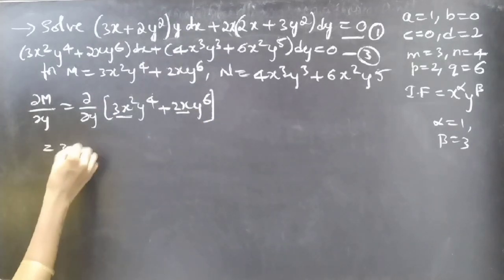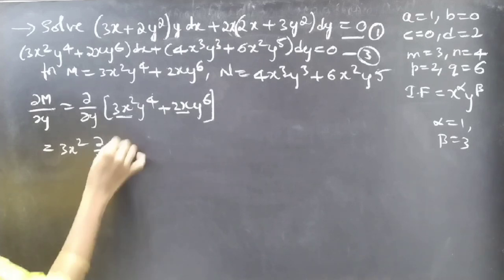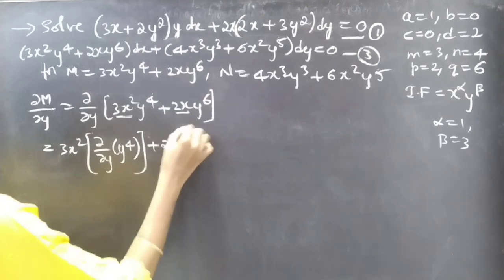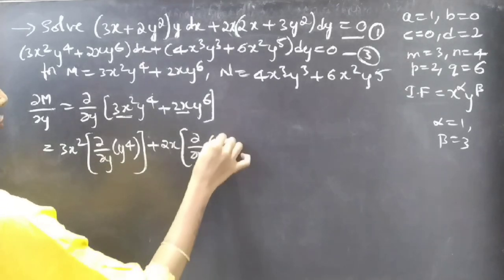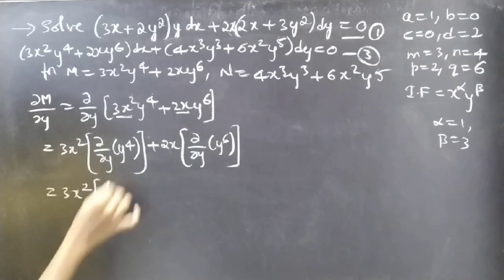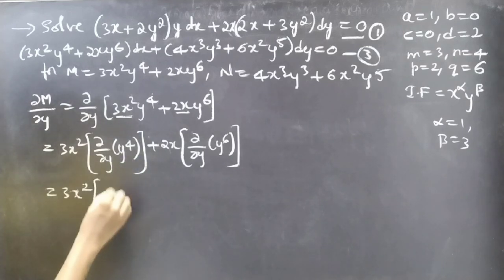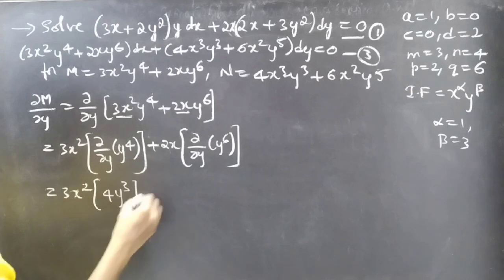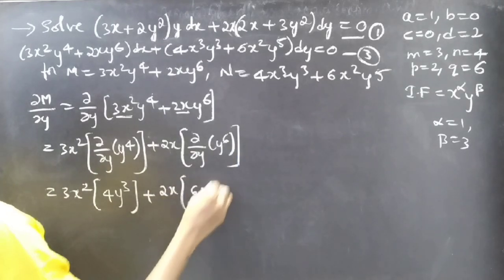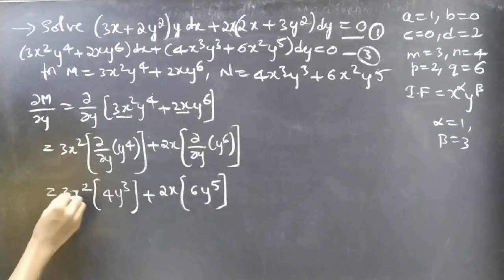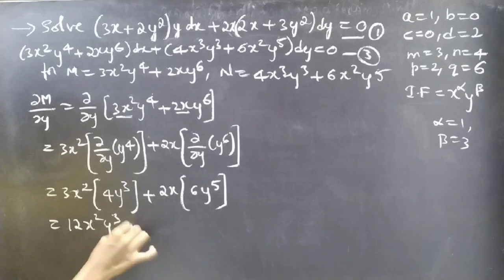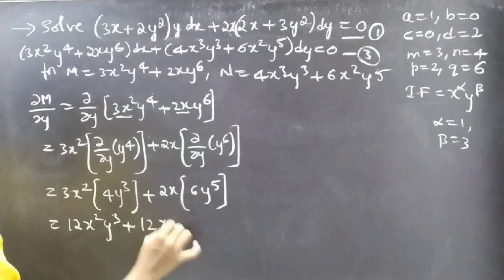So we can write this as 3x square into partial derivative of y power 4 with respect to y plus 2x into partial derivative of y power 6 with respect to y, which gives us 3x square into 4 y cube plus 2x into 6 y power 5, which gives us 3 4s are 12 x square y cube plus 2 6s are 12 x y power 5.